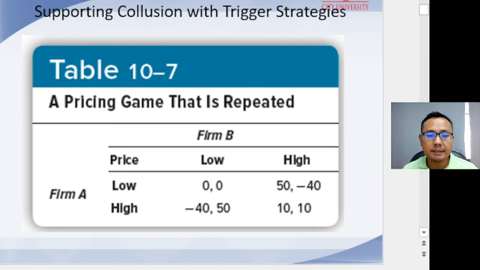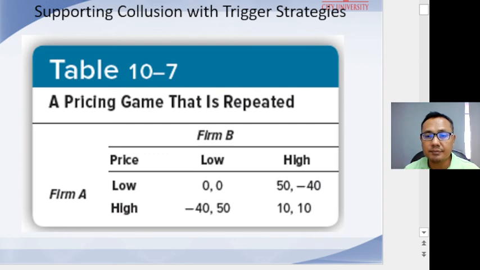If neither firm in Table 10.7 cheats on the collusive agreement, each firm will earn $10 each period forever. But if one firm plays according to the agreement, the other firm could cheat and earn an immediate profit of $50 instead of $10. Thus, there is still the immediate benefit to a firm of cheating on the agreement. However, because the firms compete repeatedly over time, there is a future cost of cheating.